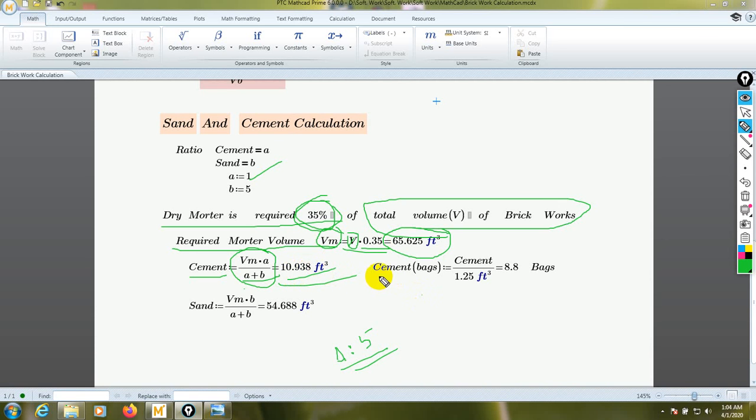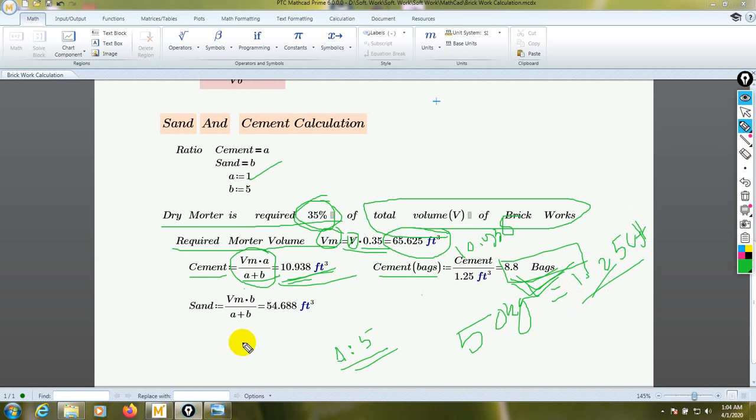After that, for cement in bags, we divide 10.938 by 1.25, then we'll find the number of bags required for our brick work, because we know that 50 kg cement equals 1.25 CFT. You all know that.